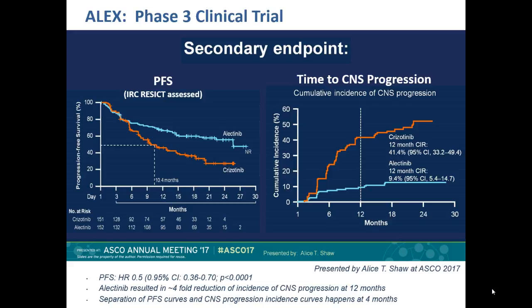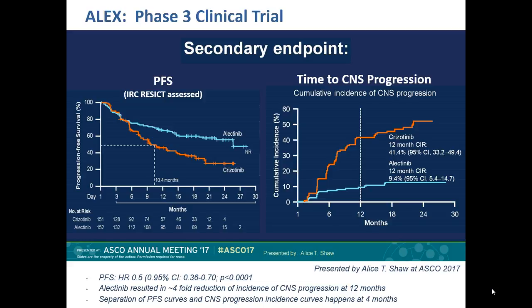I have one patient, for example, who was 43 or 44 when he came to my door with stage 4 disease and innumerable brain metastases, and he has a young child. And we treated him, back then, with Crizotinib.